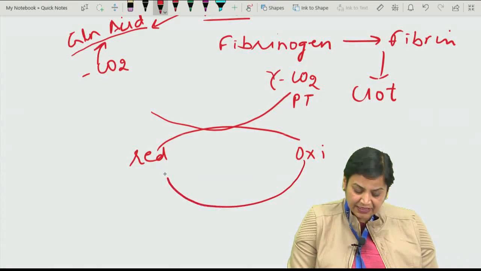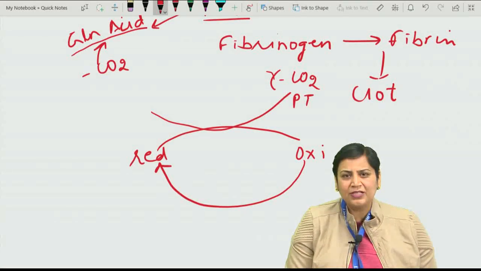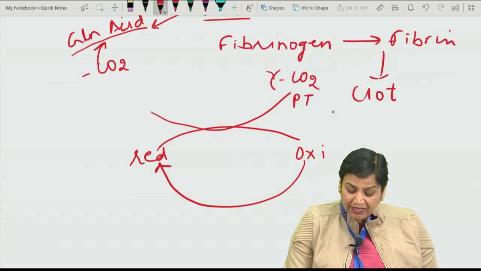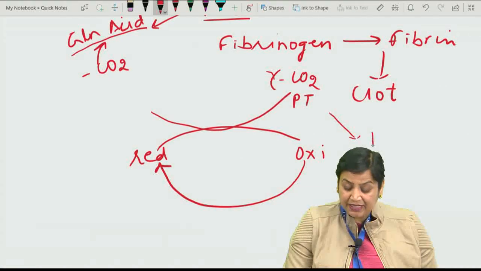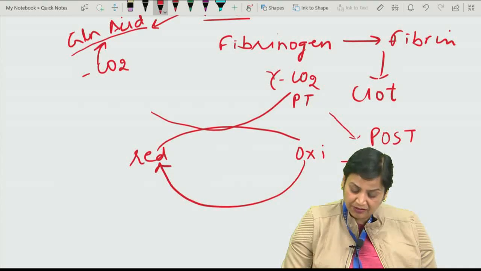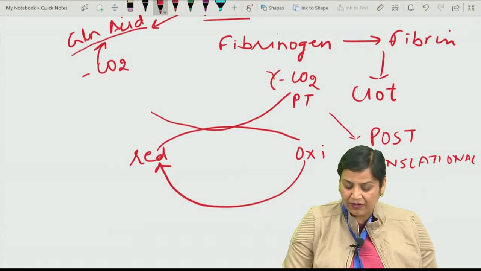Then the oxidized form is converted back into the reduced form so that it remains the same, and that is the idea of the functioning of vitamin K. This gamma carboxylation is a post-translational modification. This is a very, very important question.